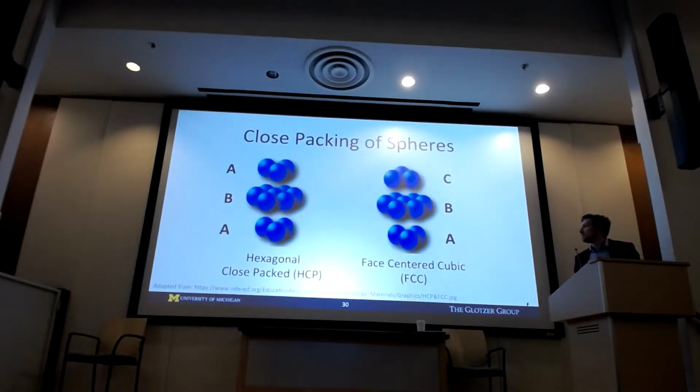And it's important to know here that there are certain preferred ways that spheres want to pack together as you compress them. One is hexagonal close packing, and we have these three layers here with two identical layers, A, B, A. If we took actual hard spheres, like actual marbles, and were to compress them, this would be the best way to closely pack them together.